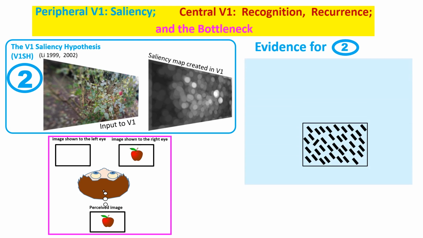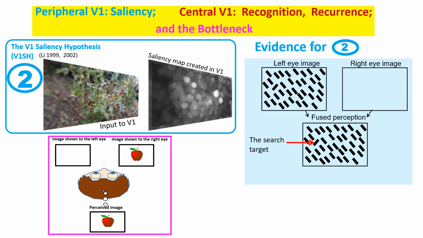In this image, human observers are asked to quickly find a uniquely oriented bar. This is an example when all these bars are shown to the left eye only. If one background bar is shown to the right eye instead, the perceived image is unchanged. This bar, unique in eye of origin, is not distinctive at all to perception.